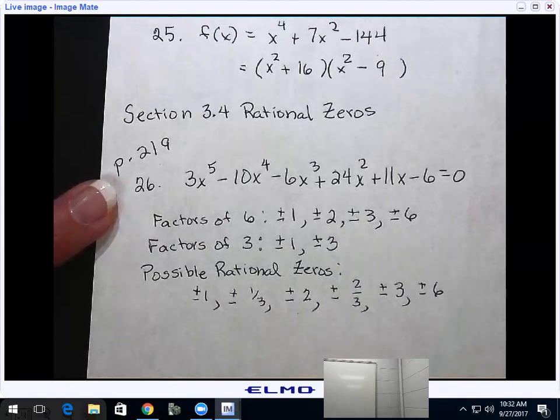Without me saying all this out loud, y'all grab a calculator and see if you can find the first rational zero.